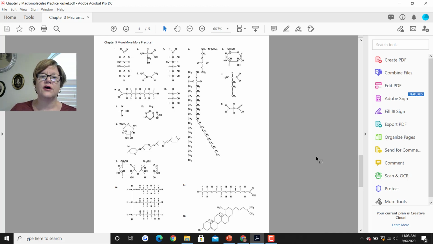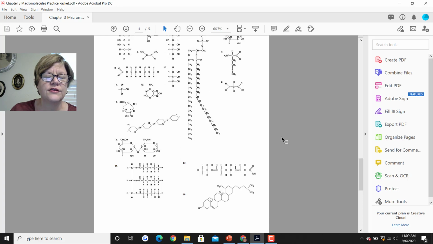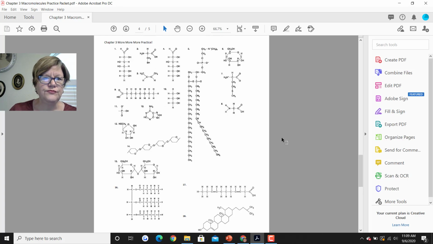Now you're looking for a carboxyl group attached to a long hydrocarbon chain. So there are 2 on this image. Is there anything down here? No. There's 2 on this image. Number 9 is a fatty acid, and number 17 is a fatty acid.